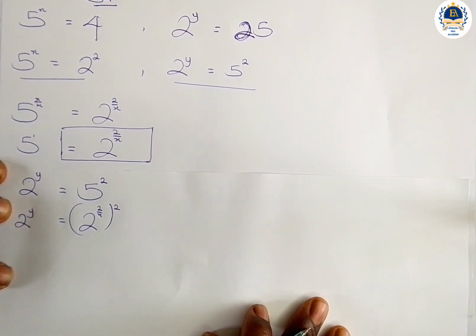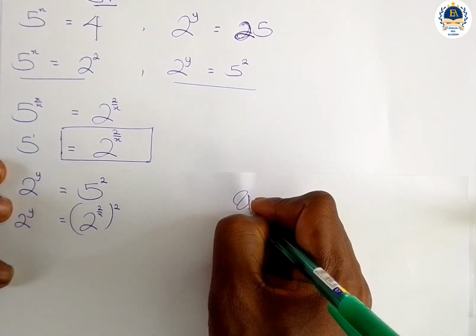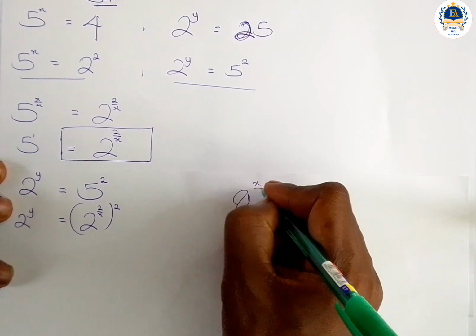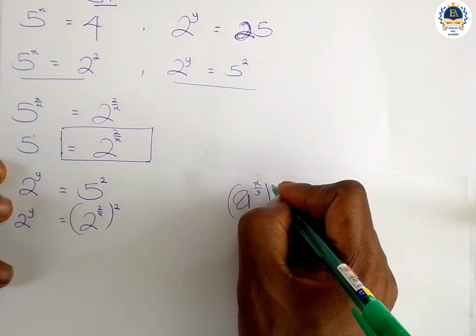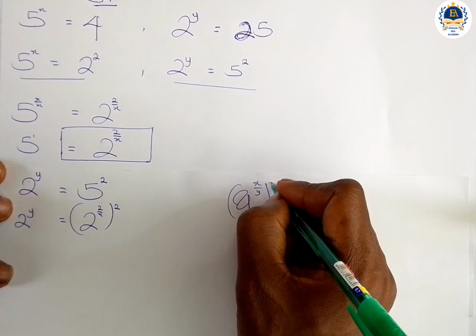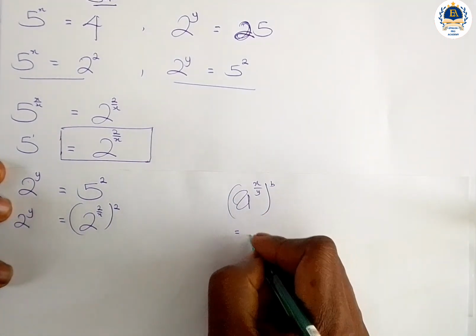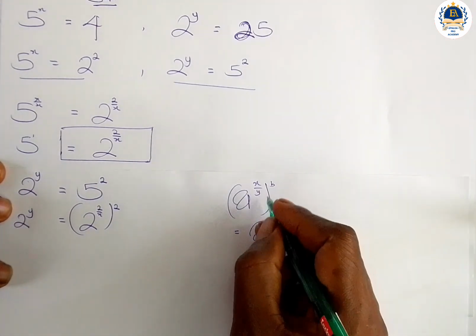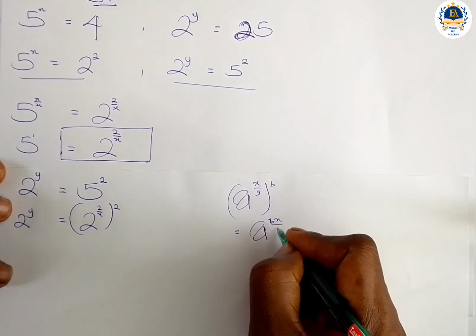Now let's recall the power law of indices. If we have, for example, a raised to the power of x over y, which is also raised to the power of b, we are required to multiply the indices together, which gives bx over y.